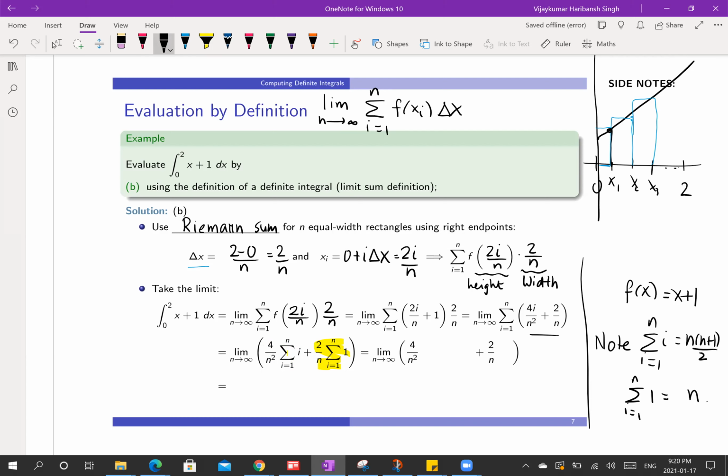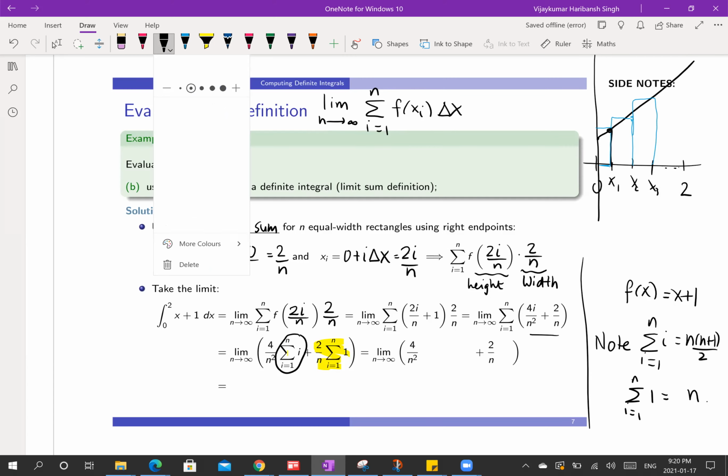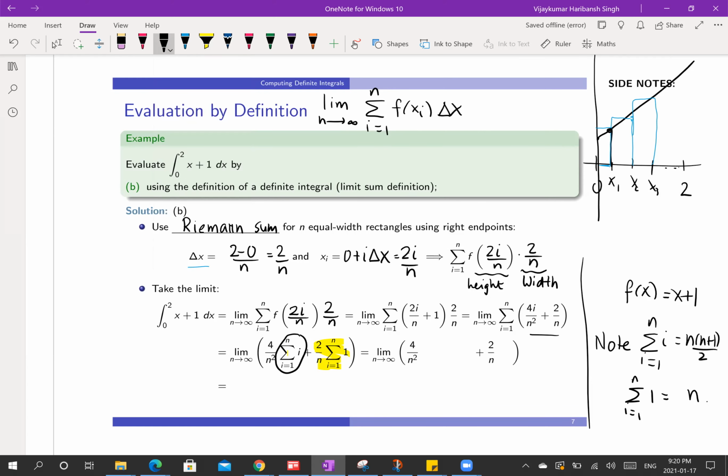So in this case, what we have is 4 by n squared, and we can now replace this value by n into n plus 1 divided by 2. And here we will have n. Now this n can go below.